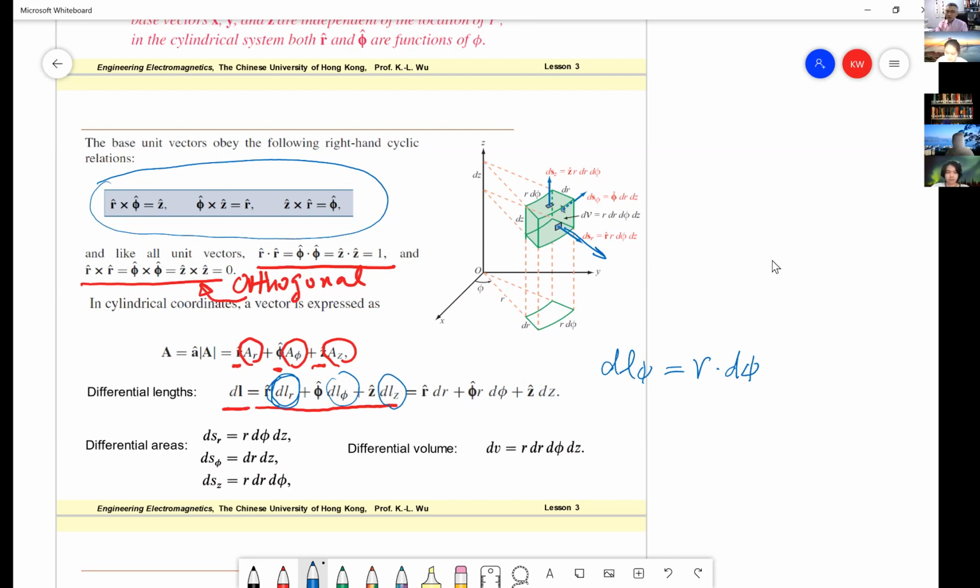And so if I give you a specific surface and ask you to find the differential length at a certain location, the only thing we need to do is find the relation between dl, d phi, and dz, right?